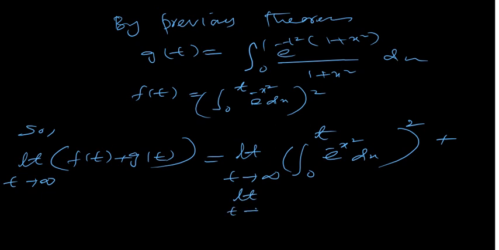This is a very crucial step here. It's 0 to 1 e power minus t square times 1 plus x square divided by 1 plus x square dx. Now you see this, if t is approaching infinity, the limit on that side exists, and this limit also exists.